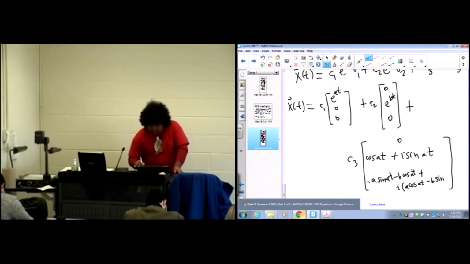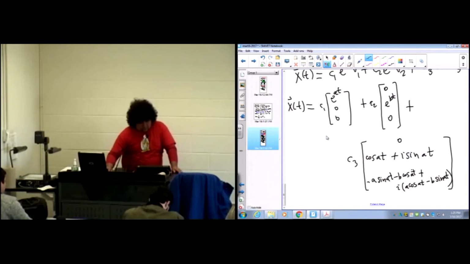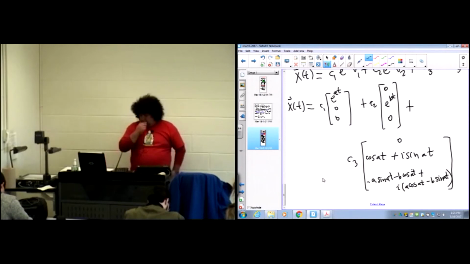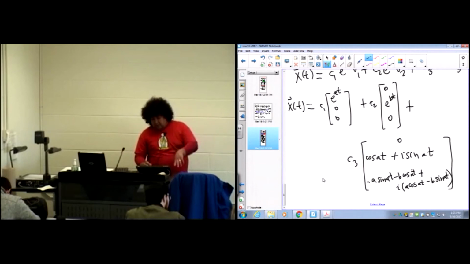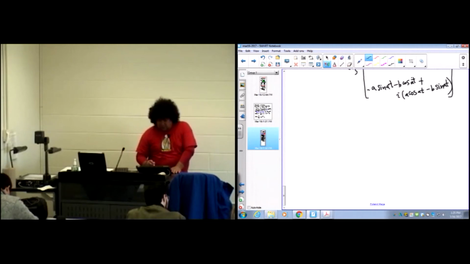This becomes a vector with entries c1 e to the at, then c2 times e to the bt plus c3 times cosine at plus i sine at.